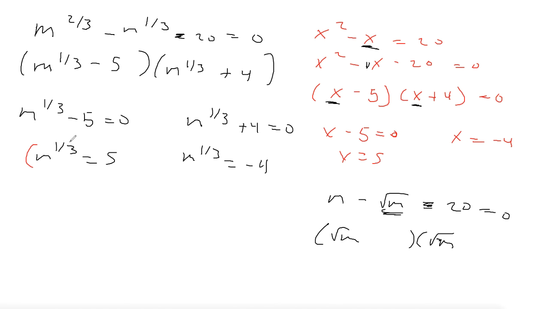So we will cube both sides of this, and cube undoes cube root, and we get m equals 125, and here cube undoes cube root, so we get m equals negative 64, so that sign is still accounted for. So that is how those go.